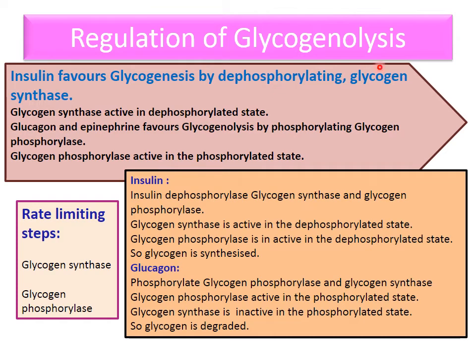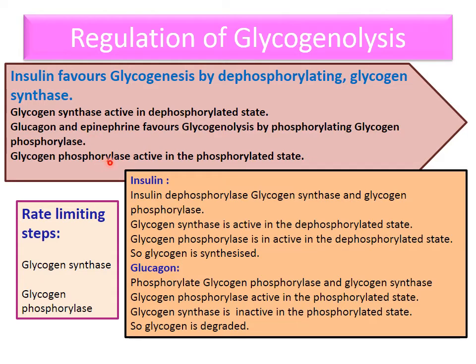Then regulation of glycogenolysis. Insulin favors glycogenesis by dephosphorylating glycogen synthase, whereas insulin does not favor glycogenolysis. So it favors glycogenesis, that is, glycogen synthase activity increases. Glucagon and epinephrine favor glycogenolysis by phosphorylating glycogen phosphorylase enzyme.